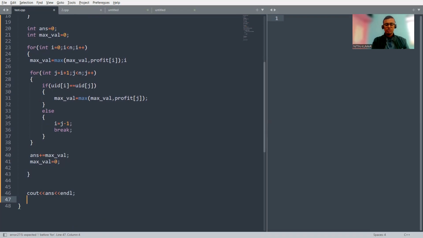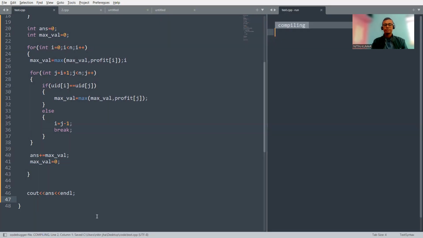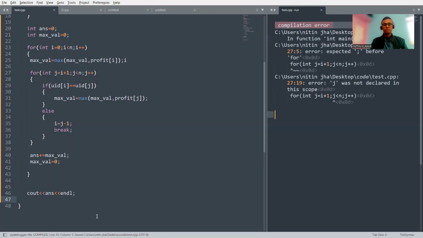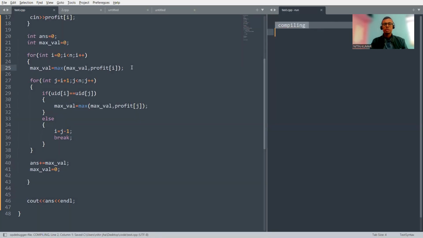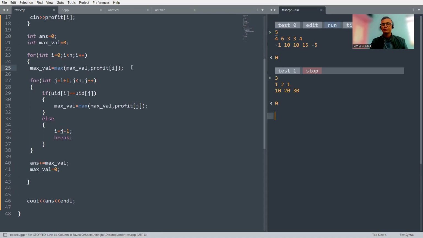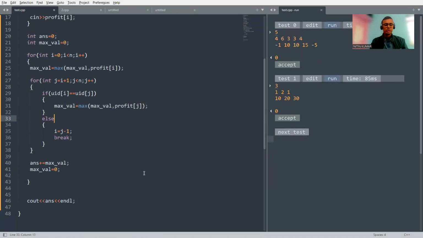Now let me run this code for you. Okay, there is some mistake. Error: J is not declared in the scope. Let me show where it is coming from.